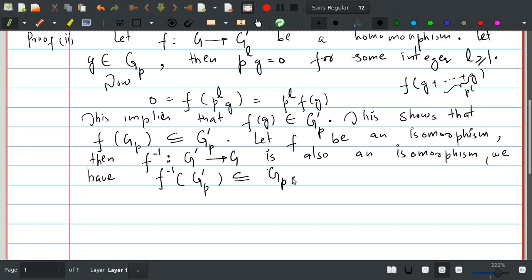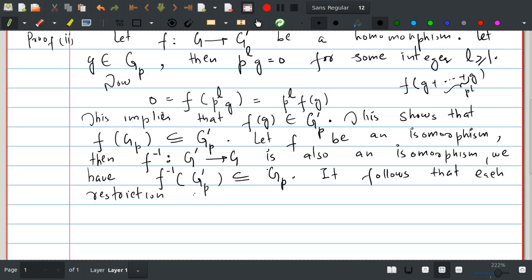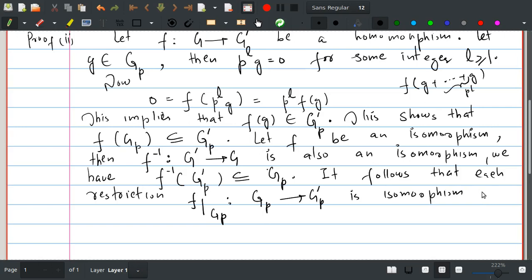So it follows that the restriction of f on the p-primary component, which is a map from G_p to G prime_p, is an isomorphism. Similarly, its inverse on G prime_p is also an isomorphism.